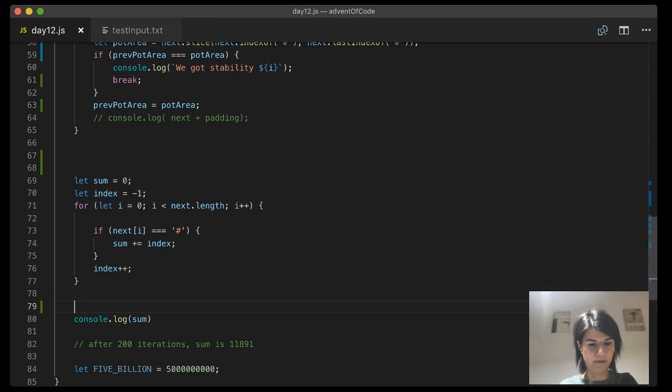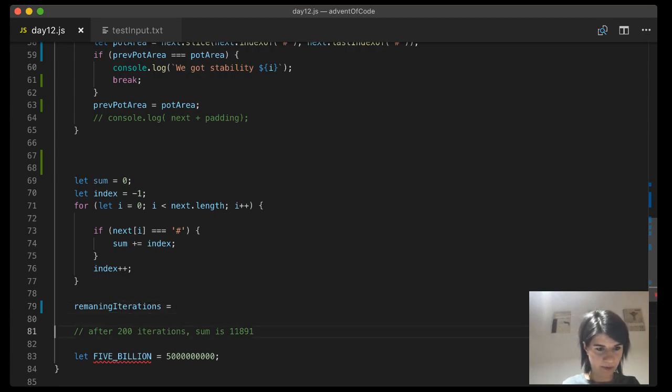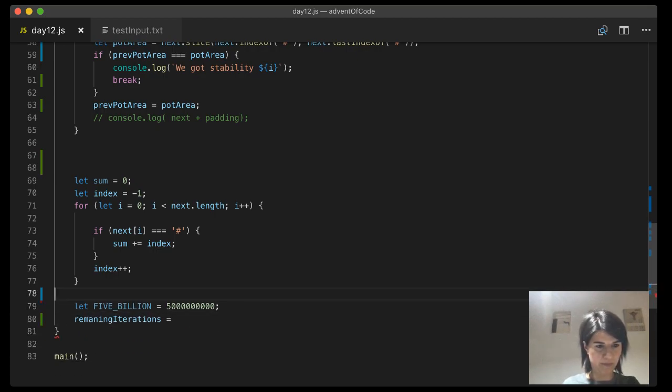And now we have remaining iterations equal 5 billion minus I. Because at I we had parity. And so we have this many remaining iterations, and now every pod is shifted by this many to the right.